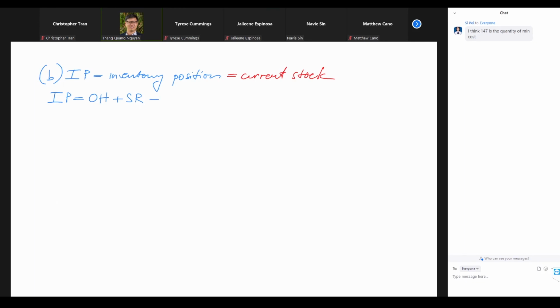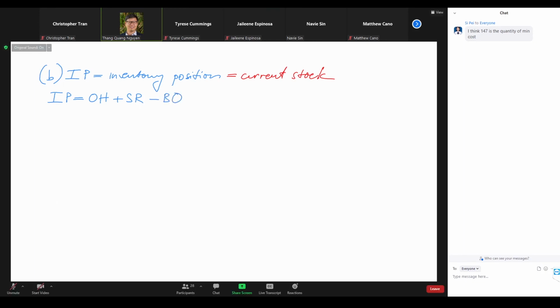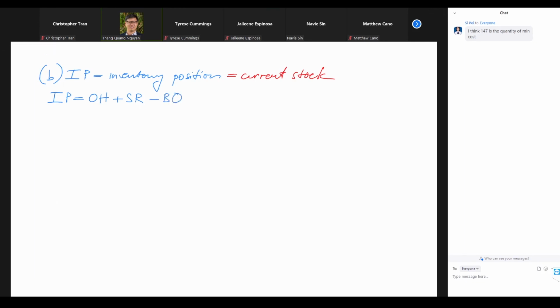And then minus the back orders. How many calculators that we owe the customers? They prepaid for those models, right? For us to ship to them when we have them. All right, so that's easy.